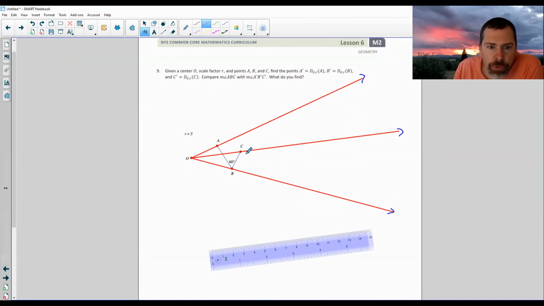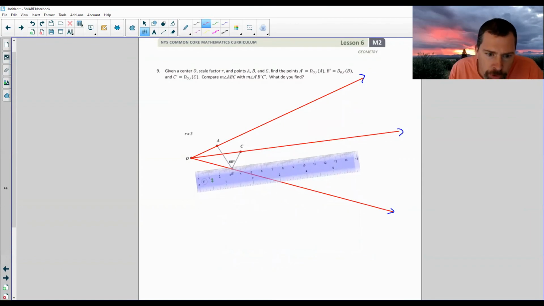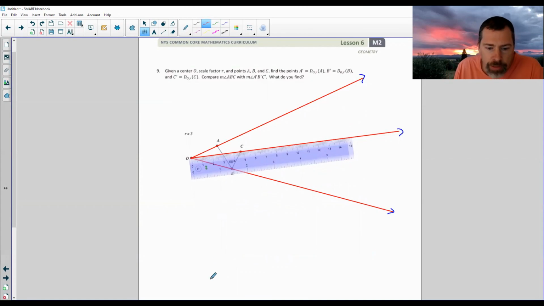Okay, so we have an R equals 3. So what I want to do is put my ruler back here. And since it's already lined up with C, I just like writing the lengths down over on the side. So I'll do it right here.